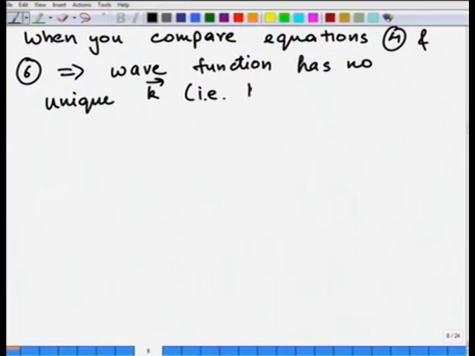That is, k and k prime give the same wave function.